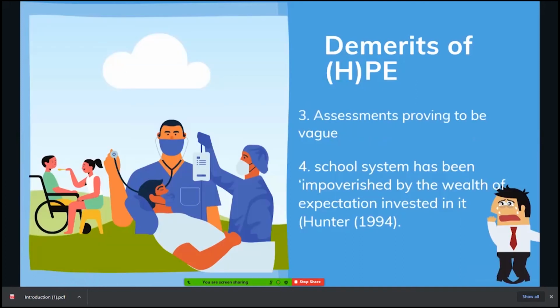Assessments also have proven to be vague in health literacy because there is no proper context for how students will pass or fail exams. Last but not least, Hunter has warned the school system has been impoverished by the wealth of expectation invested in it.